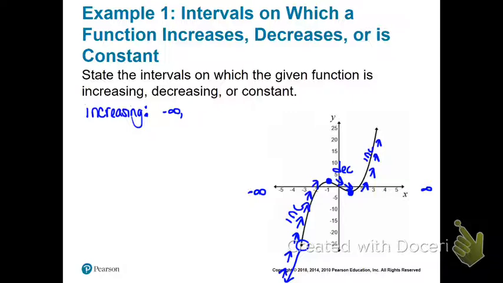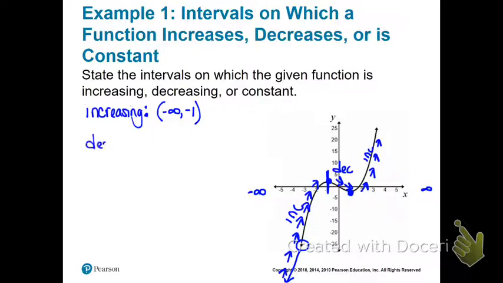And we can see that it kept increasing until we got to some point up here, which remember we label by the x values, and so x is negative 1. And we're always going to use parentheses because 1, it can't equal negative infinity, and 2, at the negative 1 there, it's not increasing or decreasing. That's where it's changing from increasing to decreasing.